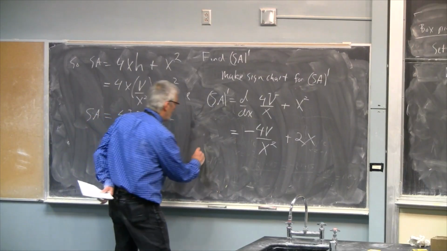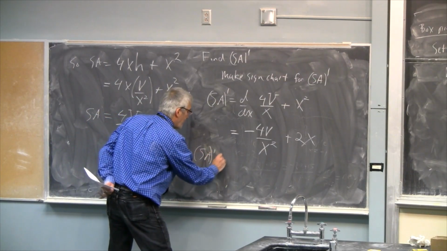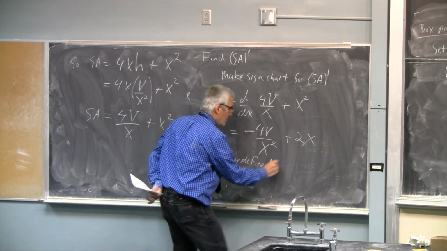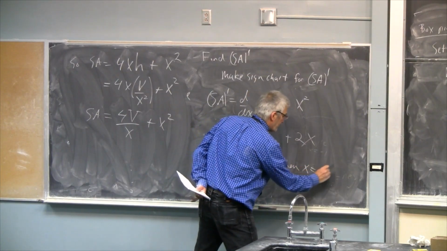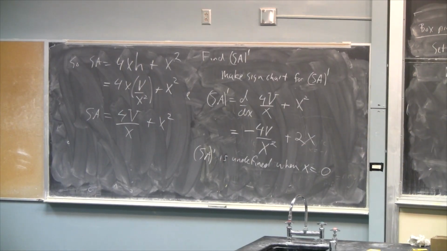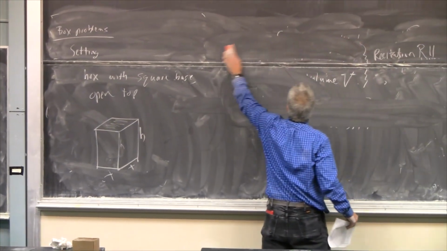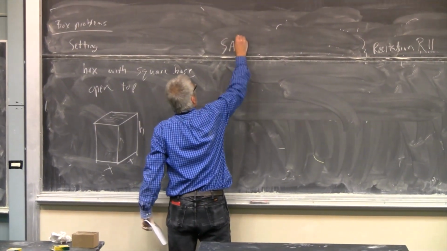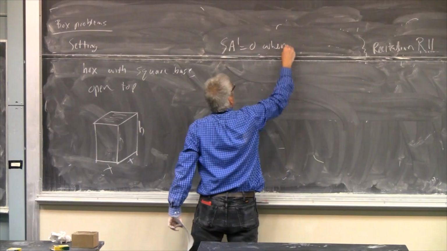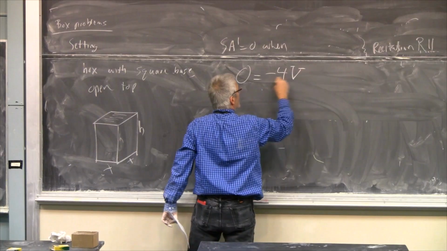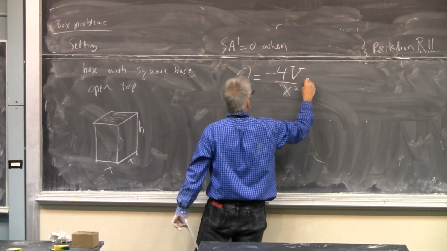So notice that this is undefined when x equals 0. And we want to find out when the surface area prime is equal to 0. Well, 0 has to equal minus 4 times the volume over x squared plus 2x.